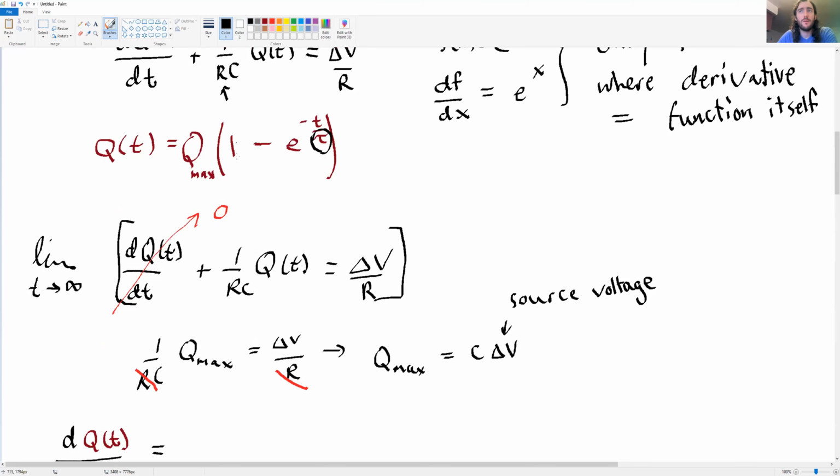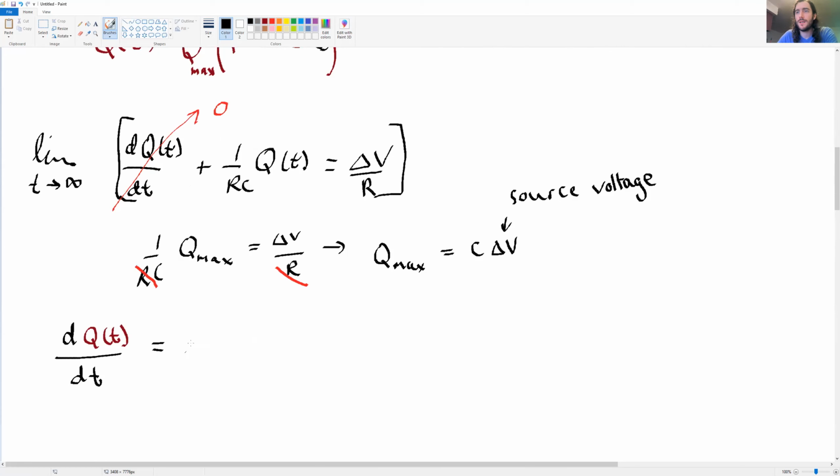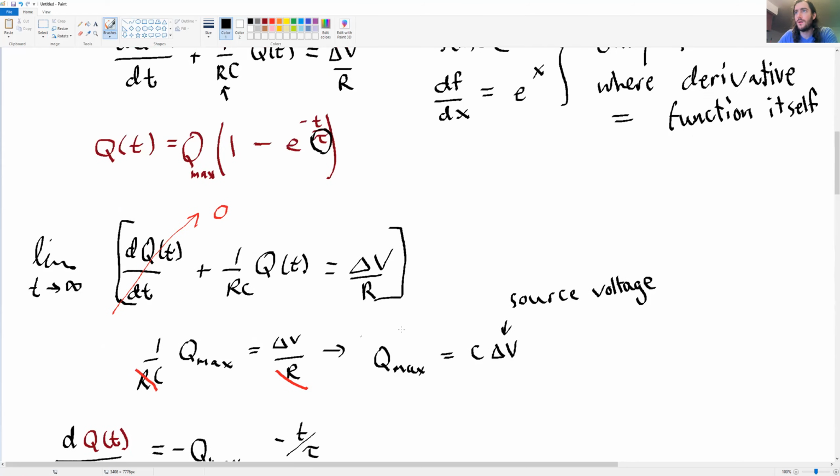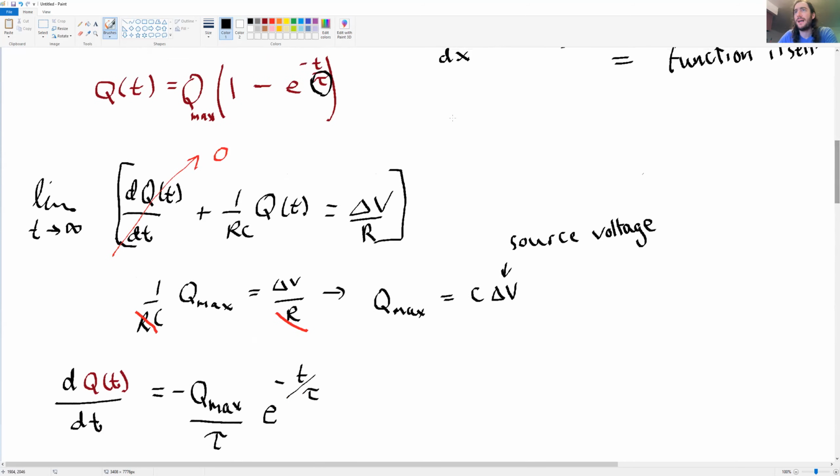If I take a derivative of the 1 here, I get 0. So I'm taking the derivative of just the right side of the expression. Okay, so we have q of t is equal to q max times 1 minus e to the minus t over tau.